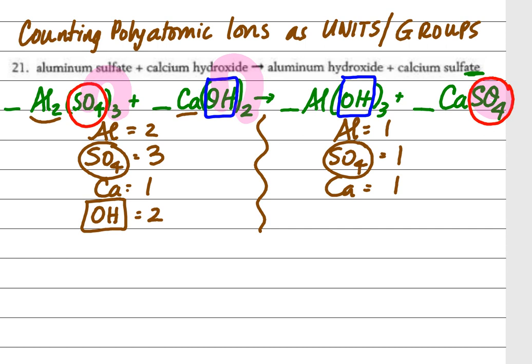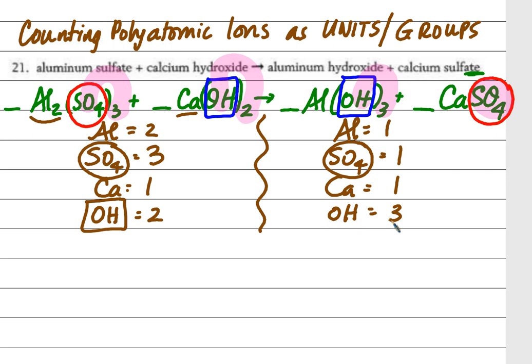Because the calcium is positive 2, and each of the hydroxides is negative 1. How about over here on the product side? There are 3 hydroxide groups. Why are there 3 hydroxide groups? Because it has chemically combined with aluminum, and aluminum has a charge of positive 3. This is called counting polyatomic ions as units or groups, right?